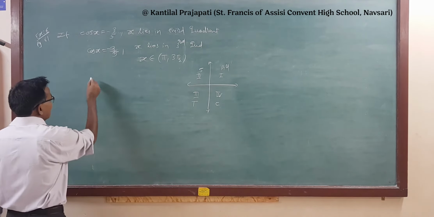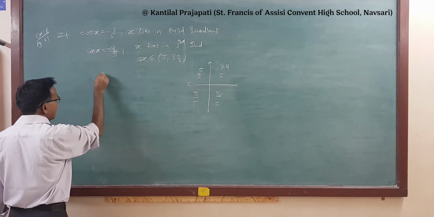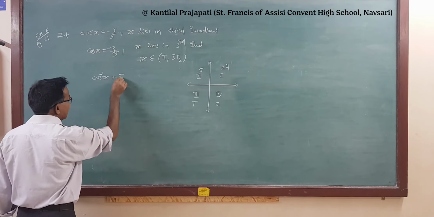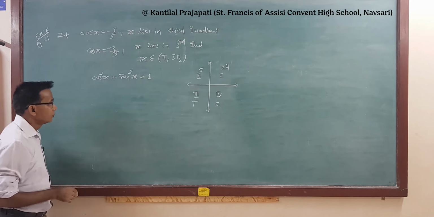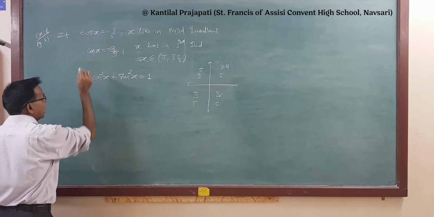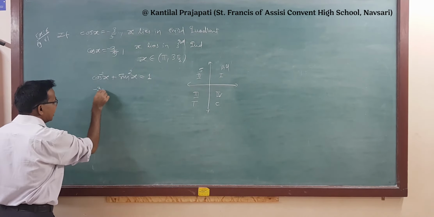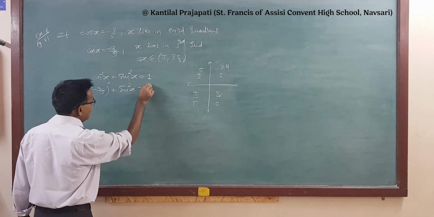Now, we apply the identity here. Cos square x plus sin square x is equal to 1. So we substitute the value of cos here, and you get minus 3 by 5 whole square, plus sin square x is equal to 1.